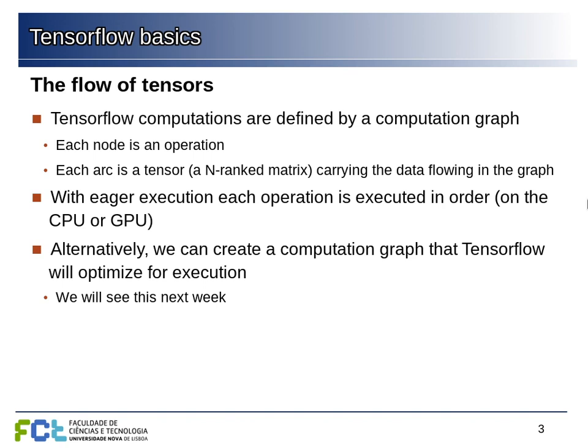But alternatively, you can start by creating the whole computation graph, and then TensorFlow can optimize the distribution of the operations between CPU and GPU and execute the graph. So we're going to see this better next week. Now we're going to use only eager execution, but this will not be necessary for this course.